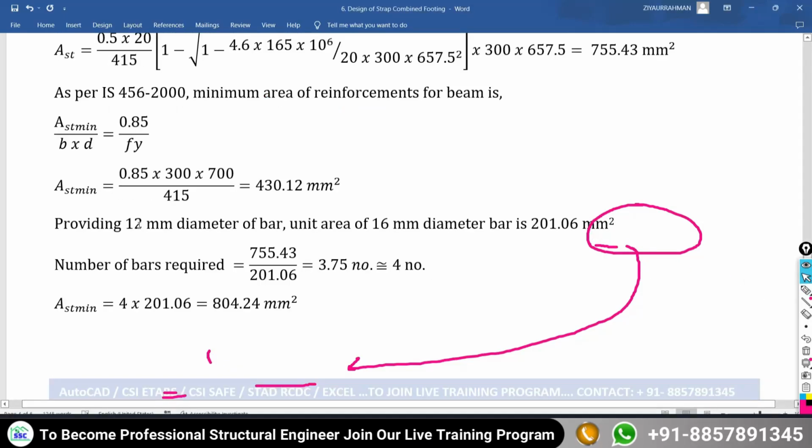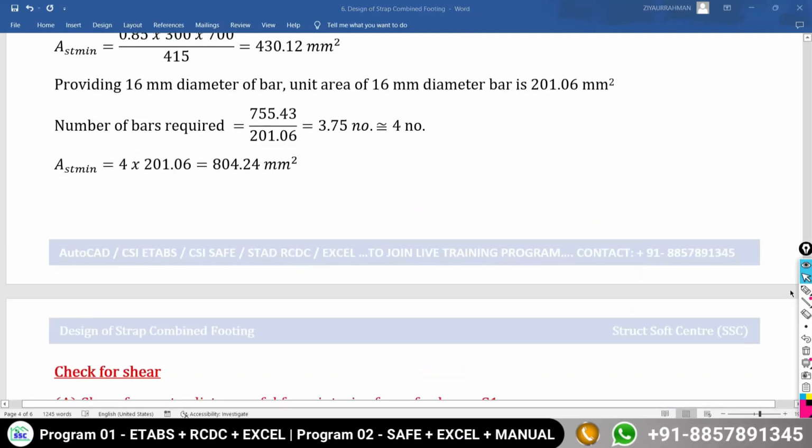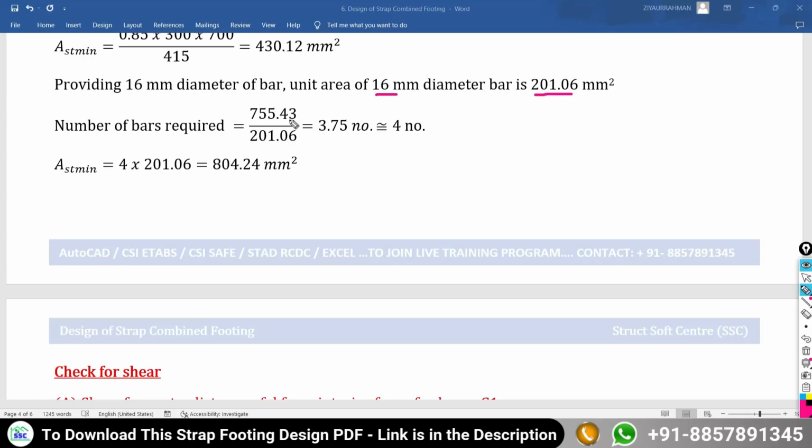So I am going to provide this much area of reinforcement, and for that I am going to provide a 16 mm diameter bar, not 12, 16 mm diameter bar, and the unit area of this 16 mm bar is 201.06. So the number of bars required at the bottom face of the beam is 755.43 divided by 201.06. You get the number of bars required as 3.75.